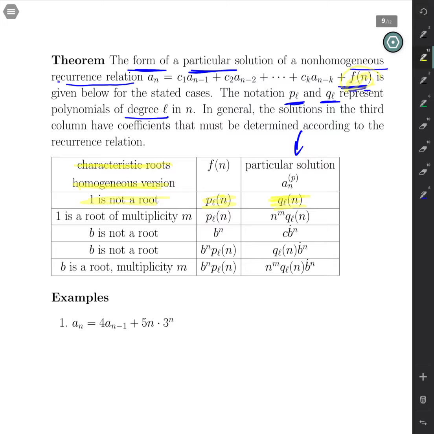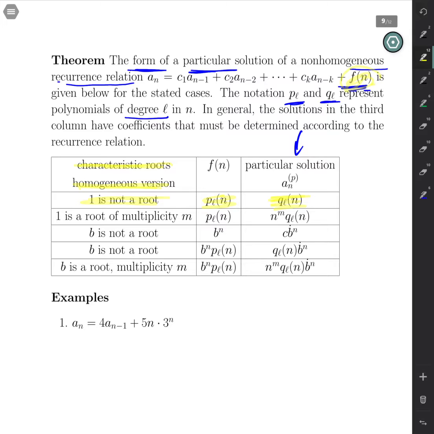If one is a root, that means constants are solutions, as we'll see in an example coming up. And in fact, if it's a multiple root, then n and n squared and so forth, those sequences may themselves be solutions.